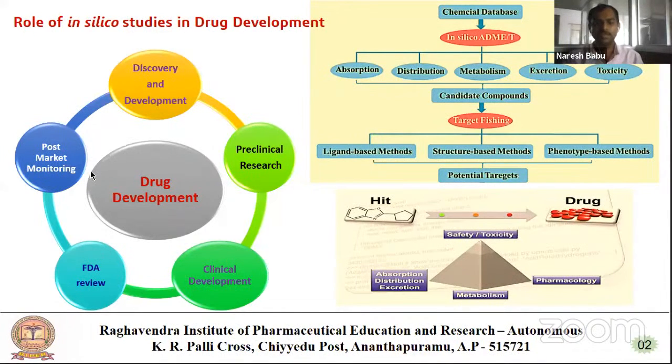This hit should convert into a lead compound by obeying the physicochemical properties, and finally, through different in vitro and in vivo studies, the hit molecule is converted into a drug.